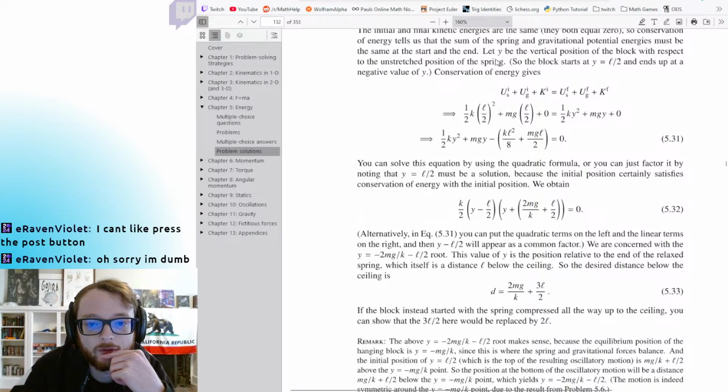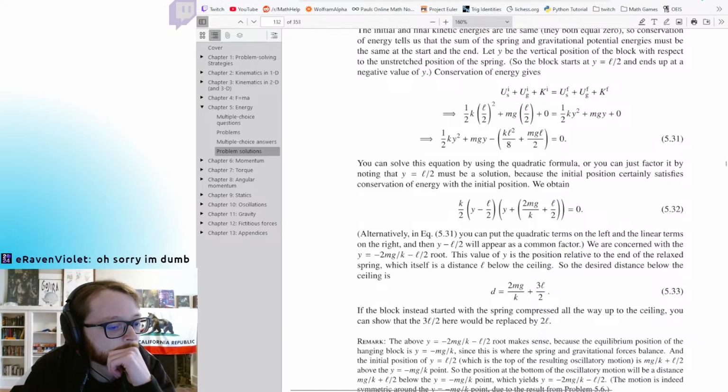So y is just any position relative to the unstretched position of the string. You're interested in the solution involving a negative y. Ooh, this looks juicy.